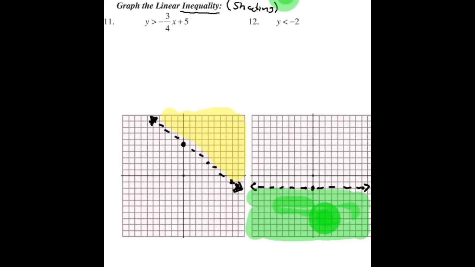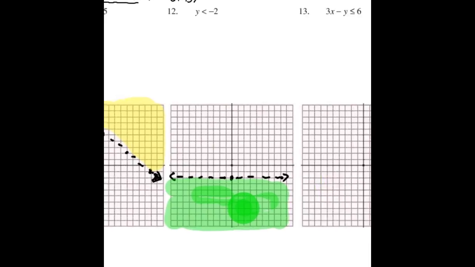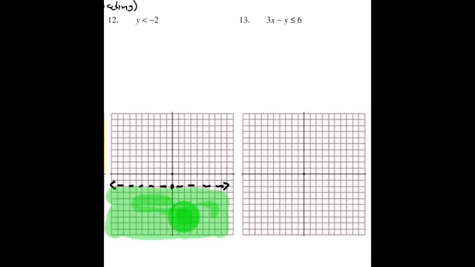And one more that we have to solve for. 13. We have, let's see here, subtract 3x on both sides. So that's negative y less than or equal to negative 3x plus 6.